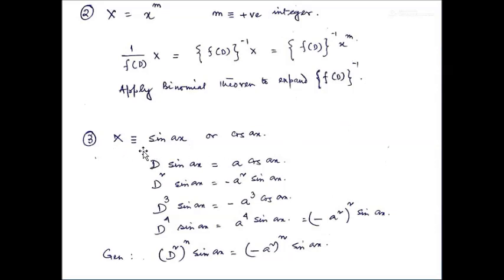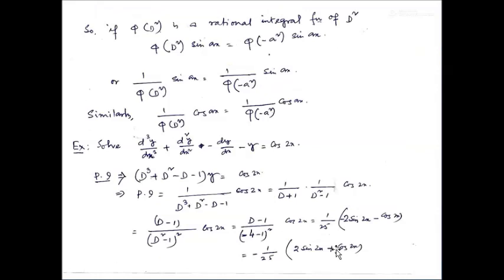Now if X equals sin ax or cos ax, any one of these two, then D sin ax equals a cos ax and D square sin ax equals minus a square sin ax. So similarly, D to the power 4 sin ax equals (minus a square) whole square into sin ax, and (D square) to the power n sin ax equals (minus a square) to the power n into sin ax.